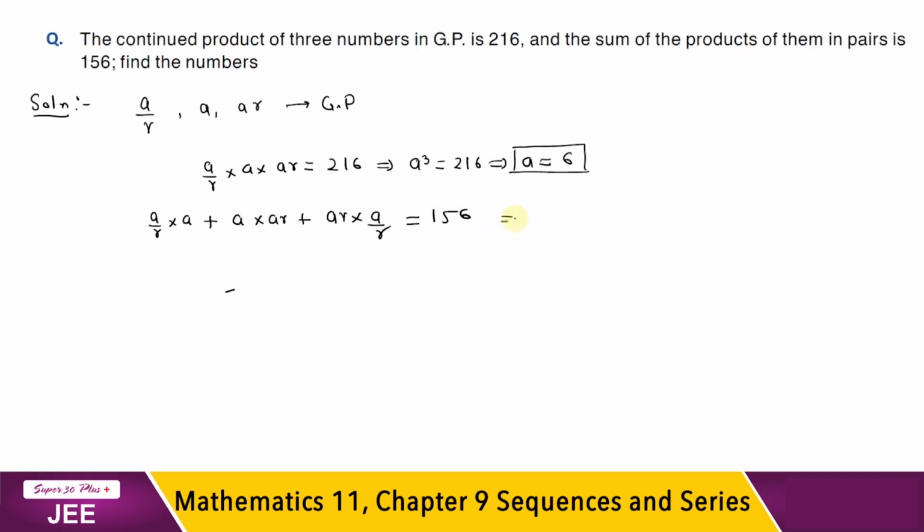Alright students, so this becomes a square multiplied by (1 by r plus 1 plus r), and this is 156. Now since the value of a is known, we can substitute over here. This becomes 36, and 156 further gets divided by 36. So basically now we have (1 plus r square plus r) divided by r is equal to 156 divided by 36.